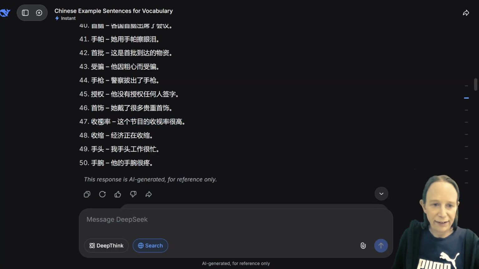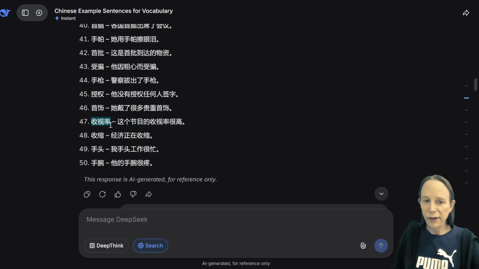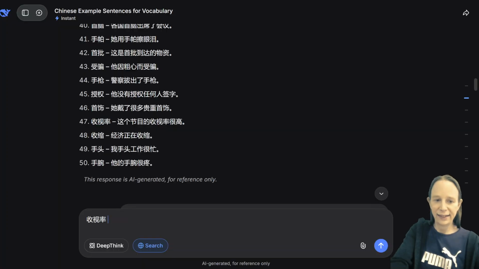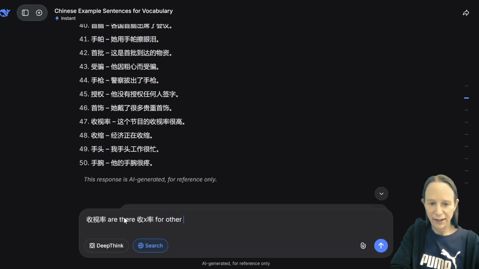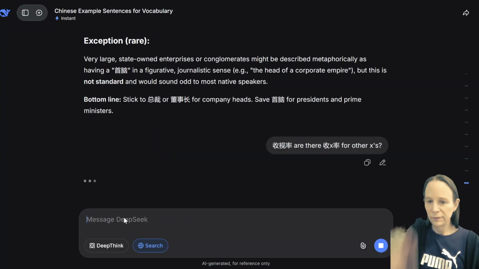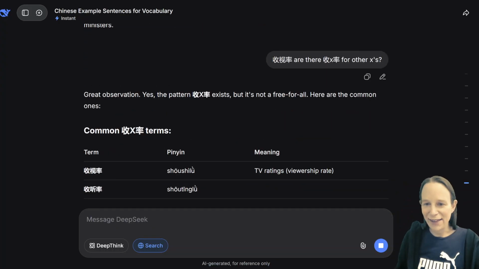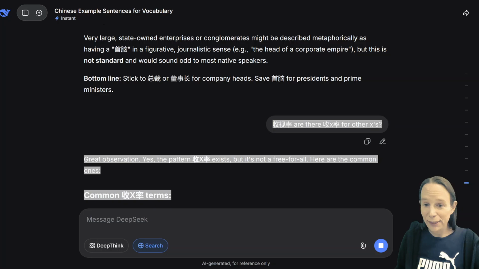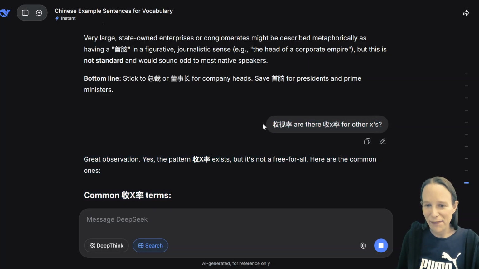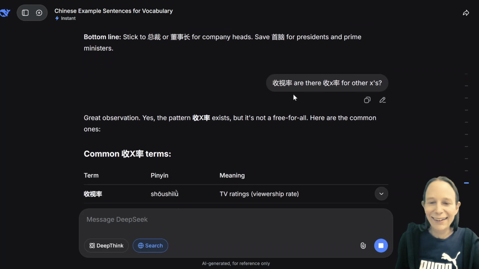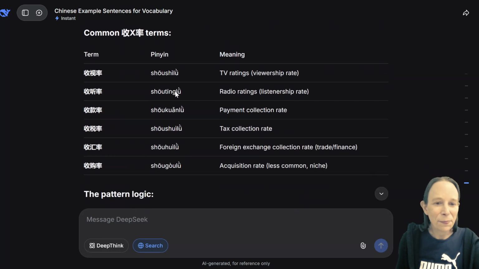Now, I wonder if there are like 收 X 率 for other X's. Can the AI understand my two languages in one sentence, using mathematical jargon, or at least phrasing?